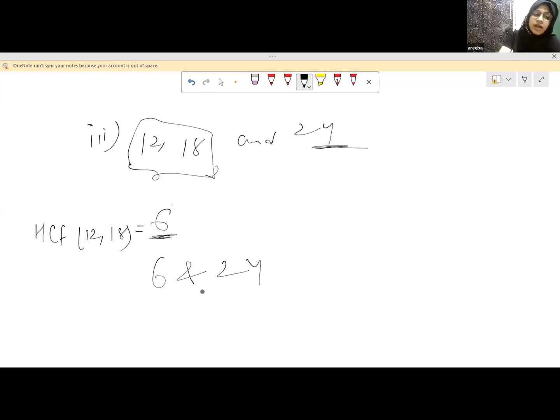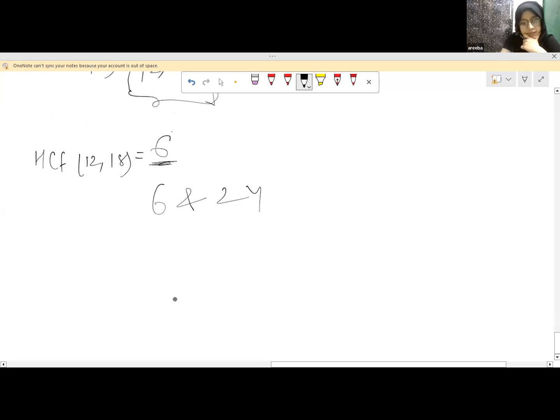Now apply Euclid's division lemma again. Okay. Ma'am, done. 24 equals 6 into 4 plus 0.